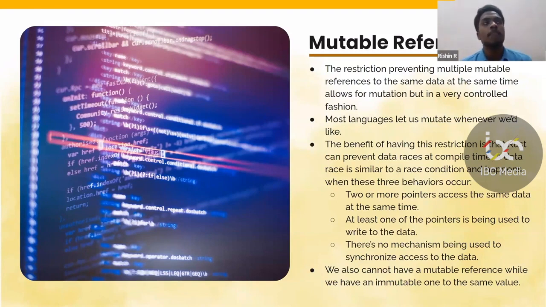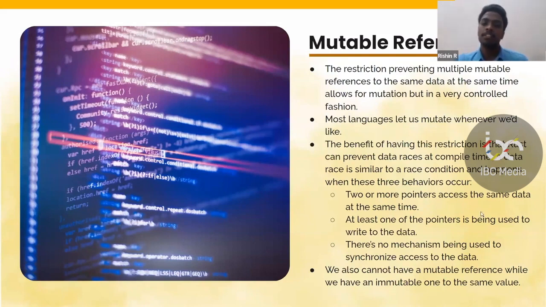You can take multiple references to a particular piece of data, and this is prevented using other mechanisms like locks and semaphores. These are things that you might learn if you are a CS student and have been learning operating systems, compilers, etc. Then you might know about locks and semaphores, but it's not really relevant. The idea is to just keep in mind that once you have a mutable reference, you need to use it before taking any other kind of reference.